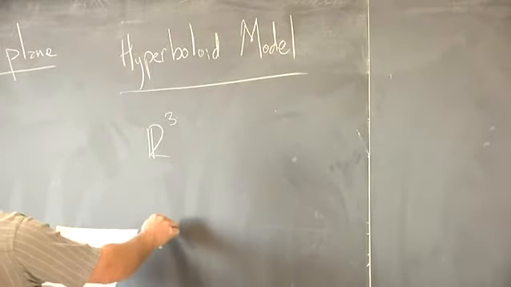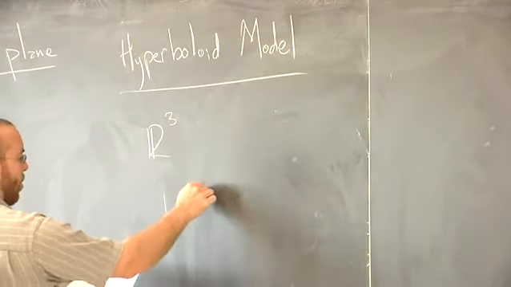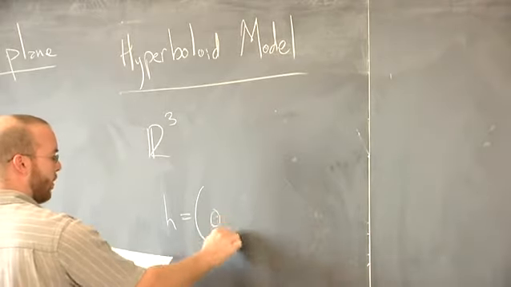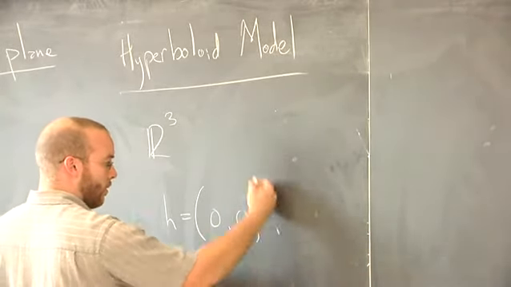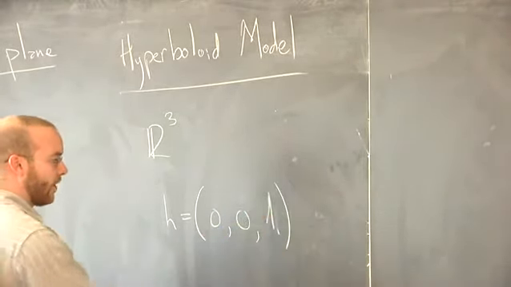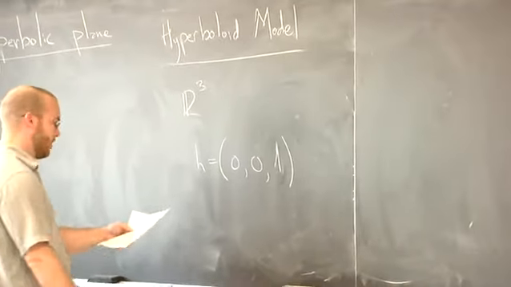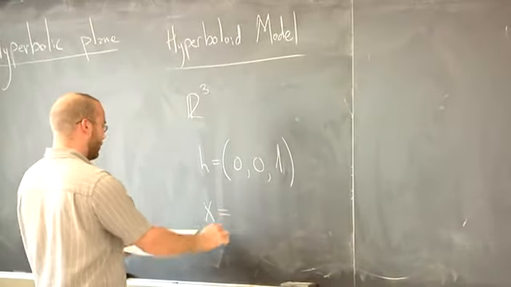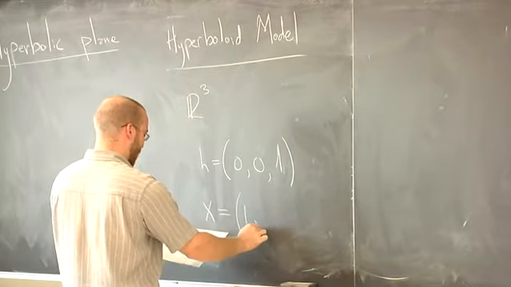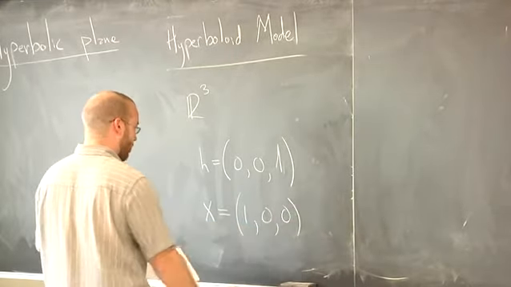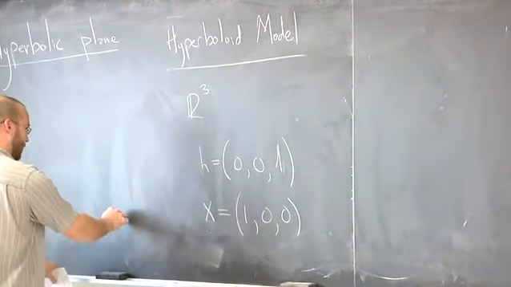So we pick a basis. I'm going to call the first one H. All right, this is a perfectly good basis element. I'm going to pick another one. Call it X. Okay? And what do you think the next one's going to be?